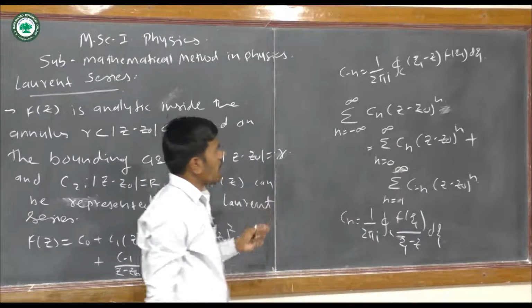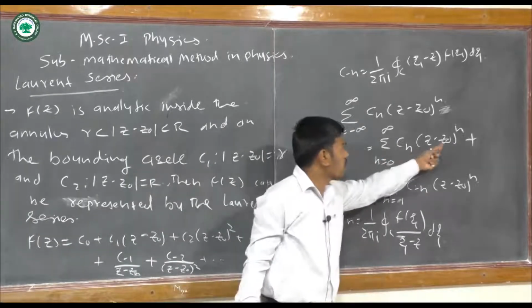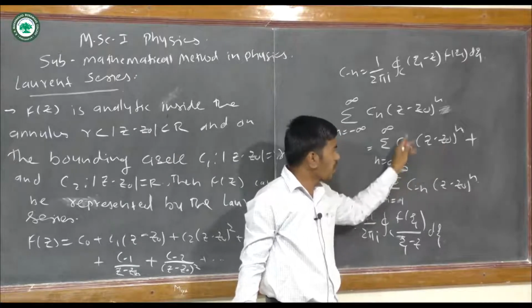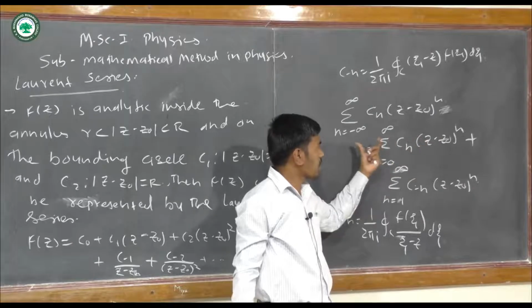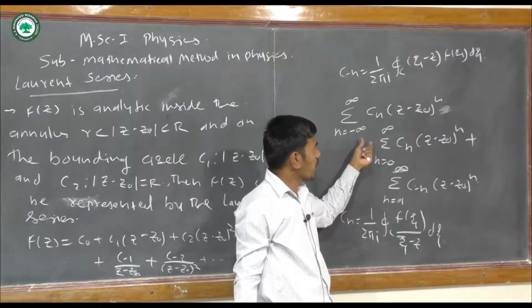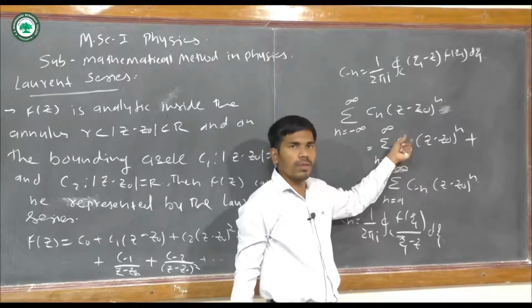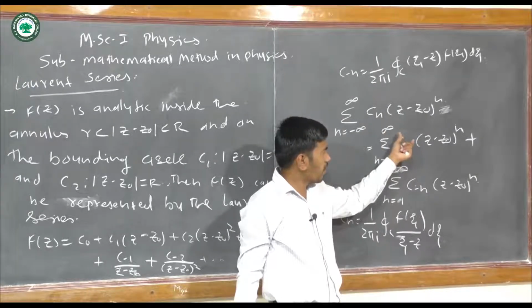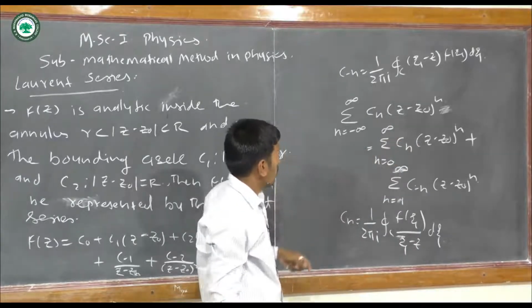If we consider a circle, where z naught is a fixed point and we expand around this point, then if f of z is analytic, this series converges to the analytic function f of z.